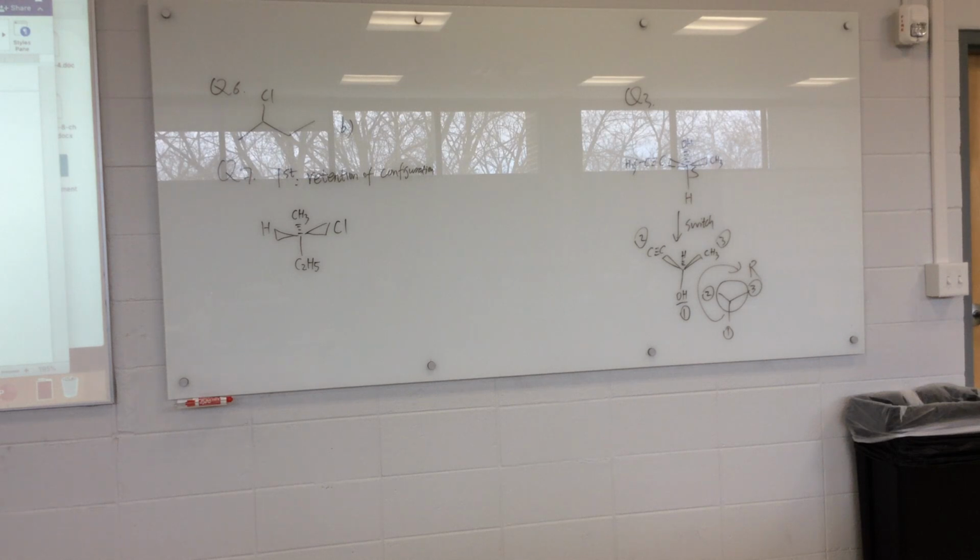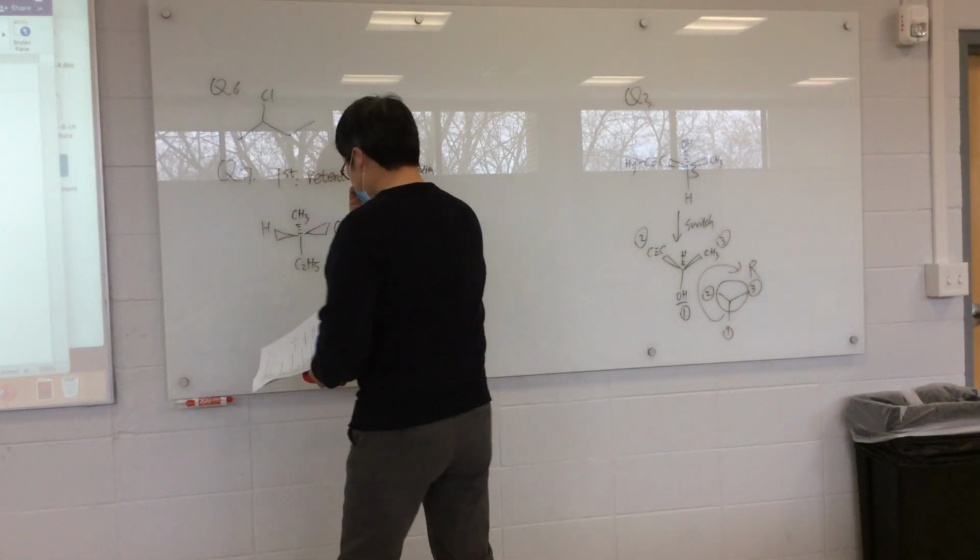So there are so many details we need to pay attention to. Because this is down, these two must be up, because of this tetrahedral arrangement. And then we know the second step.